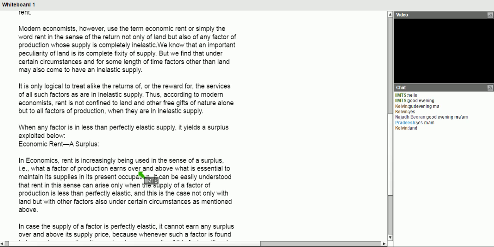So it's not always possible to buy a machine, so the firms hire the machine. They are paying rent on that hired machine. So that is also economic rent. We don't only talk about land and other free gifts of nature, but we also include other things, and we assume that these are all inelastic in supply. Their supply cannot be varied over a period of time.